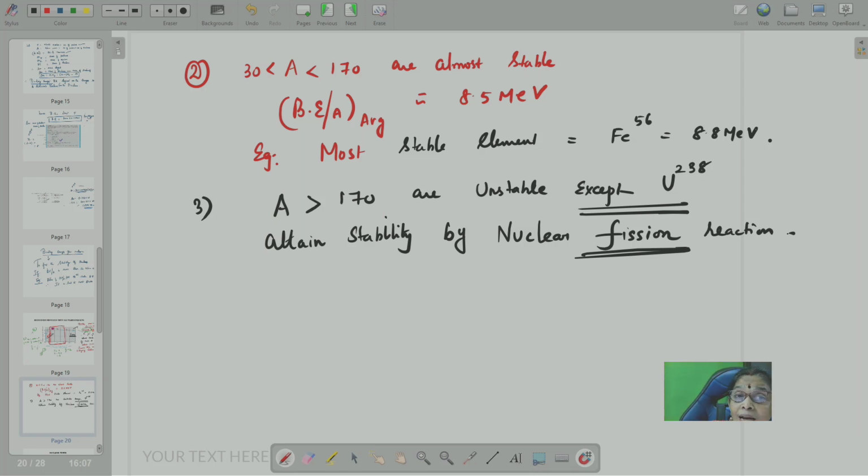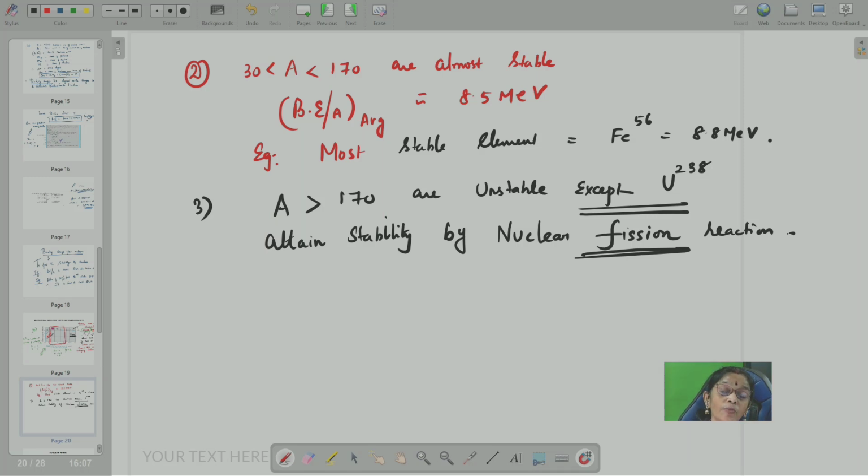Children, you must understand that inside the nucleus, the protons and neutrons are tightly bound together. Similarly, protons and protons are tightly bound together with the help of a force. There is a force which is not to be seen or calculated by mathematical calculations, but it exists.